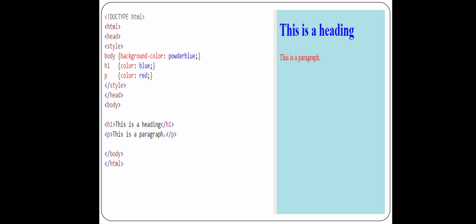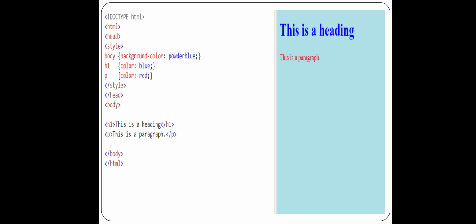Now I have to apply some styling to this web page. What styling I have to apply is all given in the style tag. So we'll see the style tag. Here in the style tag you can see there are a total of 3 elements for which I am applying styling. First is body, second is H1, and third is P. Now we'll see what styling is given.